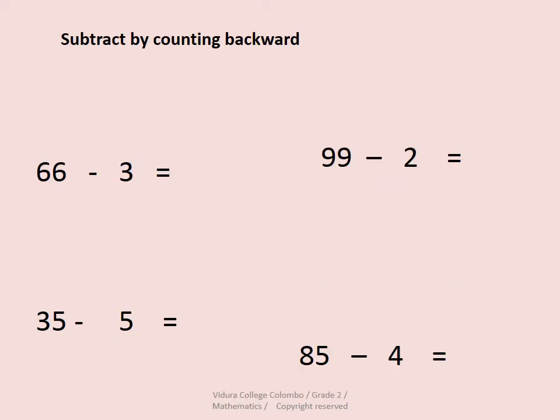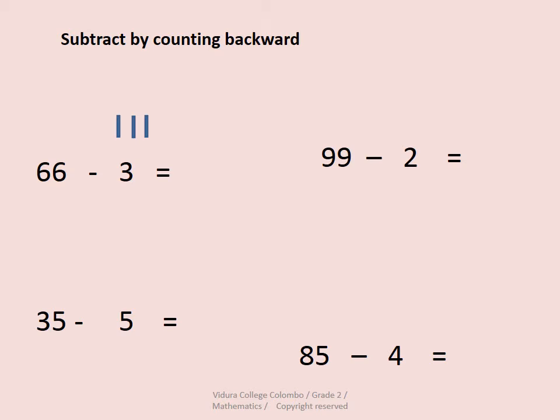Subtract by counting backward. We also can count backward and find the answer for subtraction sums. Now let's see the first example. 66 minus 3. So we have to count backward 3 times, and we don't count 66 itself.